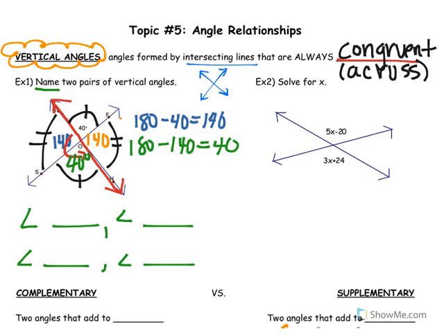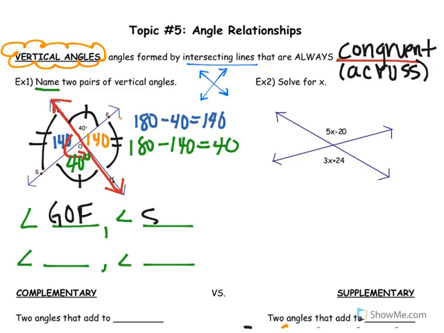So if I'm going to actually answer the question now down here, let's name 2 pairs of vertical angles. Well, the first pair of vertical angles, it was the 40, I think that says GOF, right? That angle there, so that was angle GOF. And it's going to be paired with the one that is across from it, which is SOH.